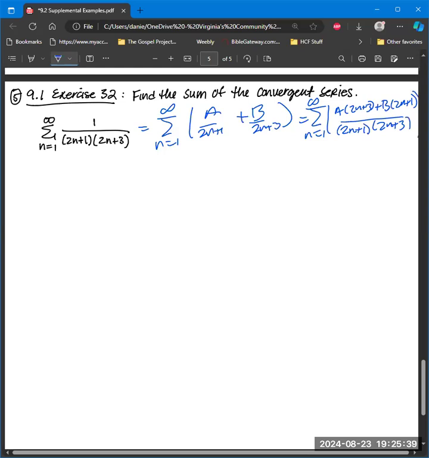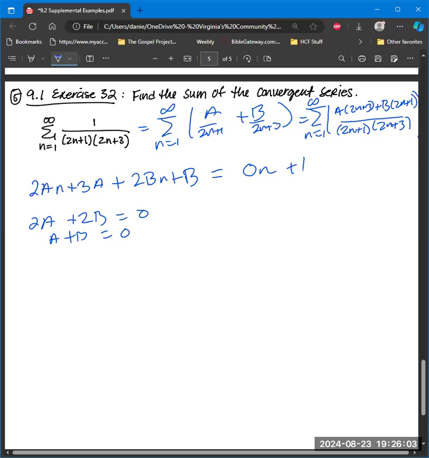So 2An plus 3A plus 2Bn plus B needs to be equal to 0n plus 1. So 2A plus 2B equals 0, which is the same thing as A plus B equals 0. And 3A plus B is equal to 1.